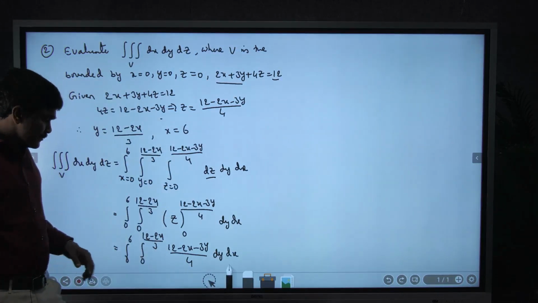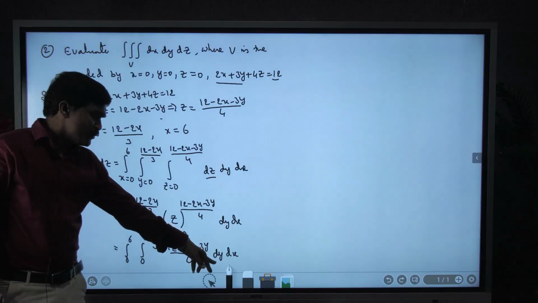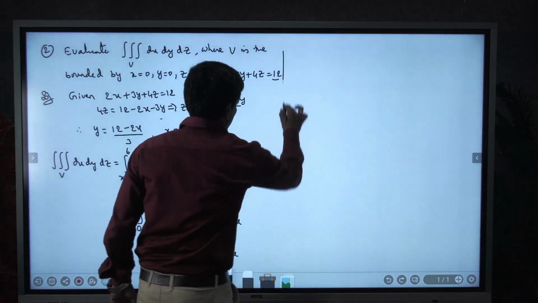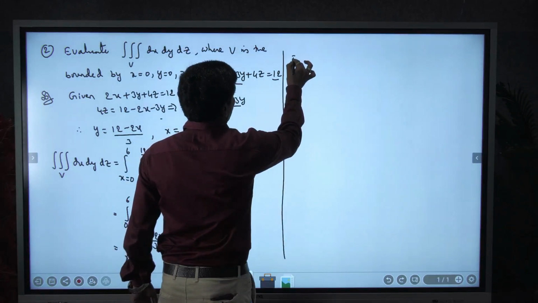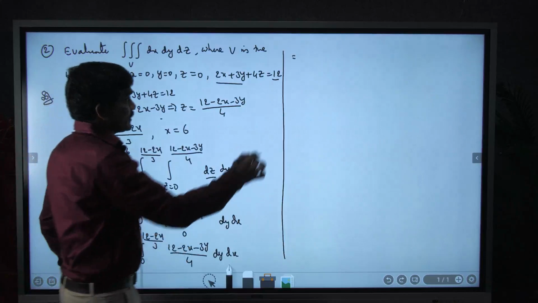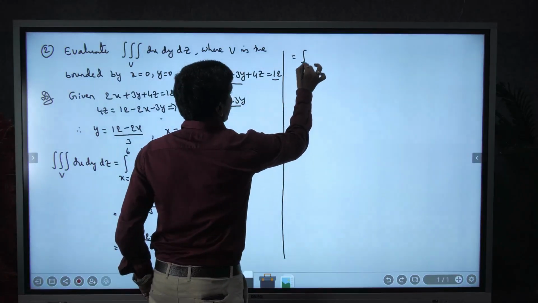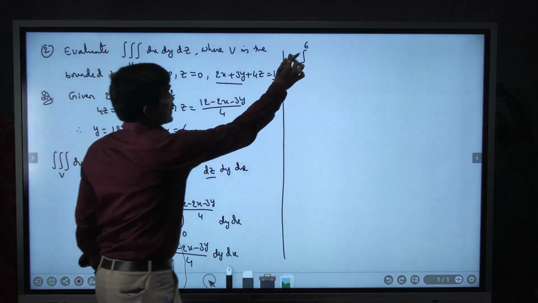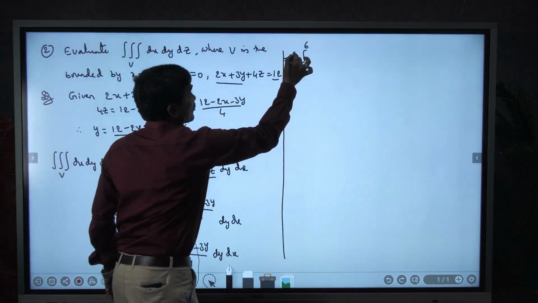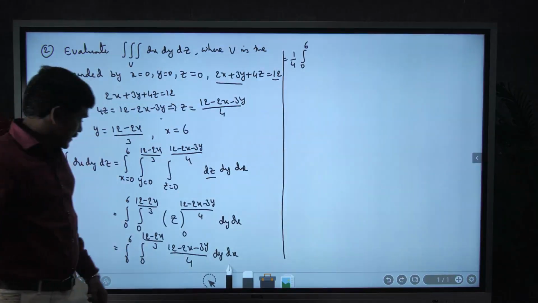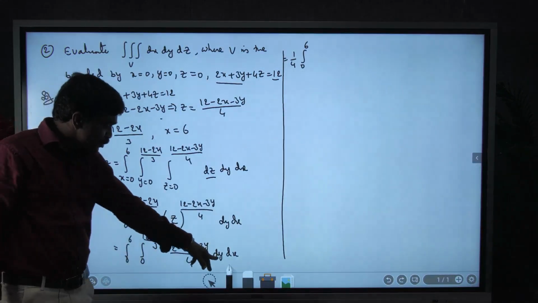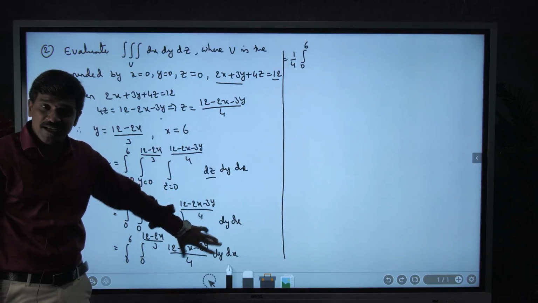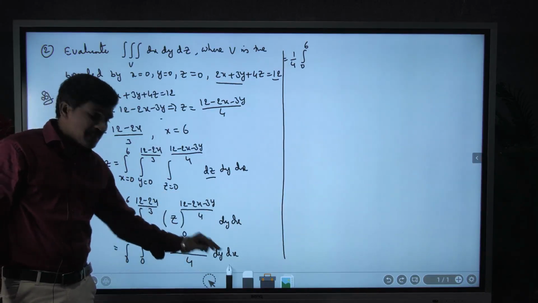So next, clearly, integration with respect to y. Now write integral 0 to 6. Okay, so 1 by 4 is constant here, integral 0 to 6. Now integration with respect to y, so the function is 12 minus 2x minus 3y with respect to y.